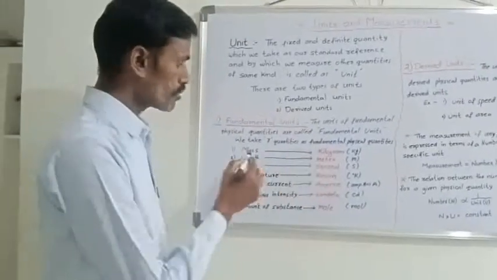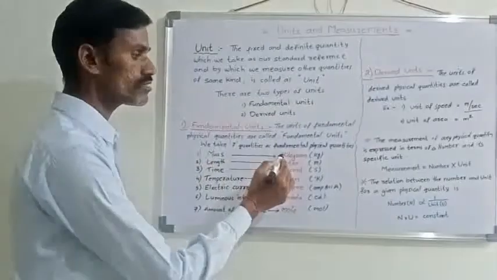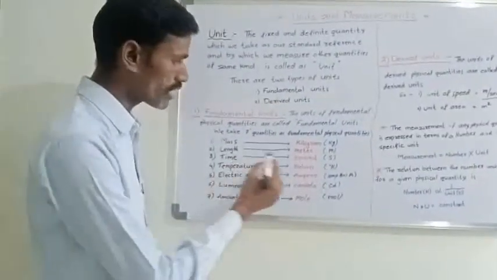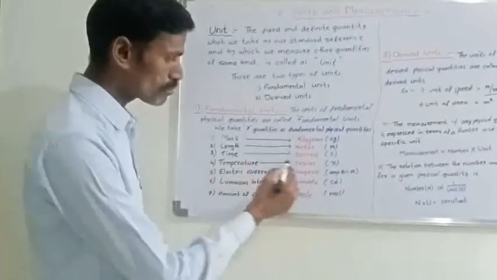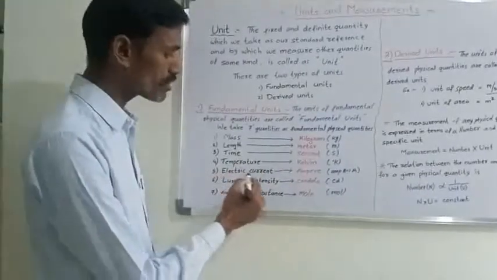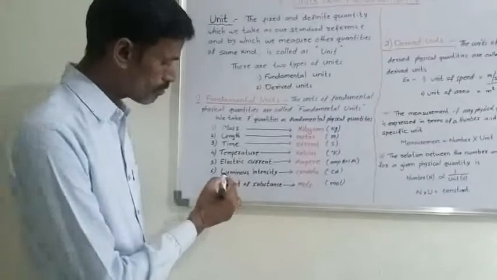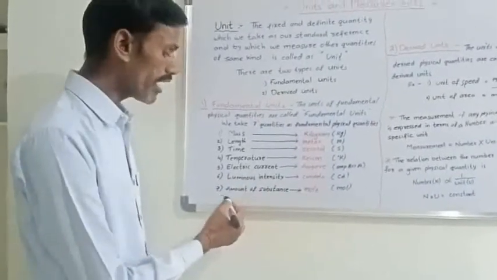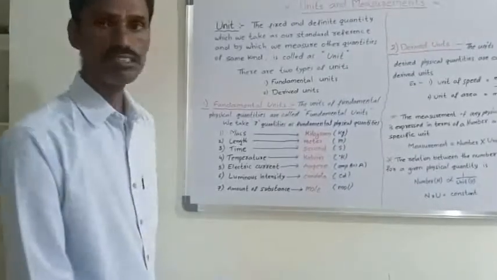The fundamental units are: for mass the unit is kilogram, for length the unit is meter, for time the unit is second, for temperature the unit is Kelvin, for electric current the unit is ampere, for luminous intensity the unit is candela, and for amount of substance the unit is mole.